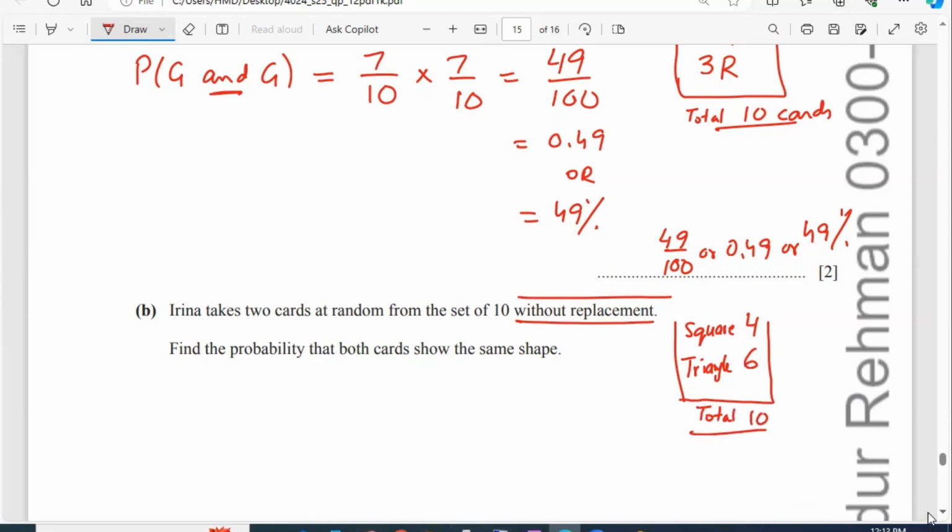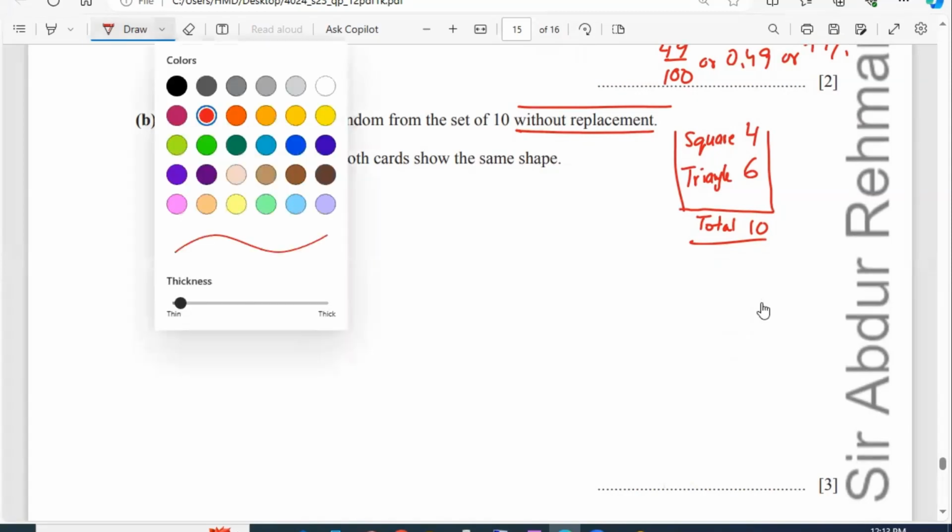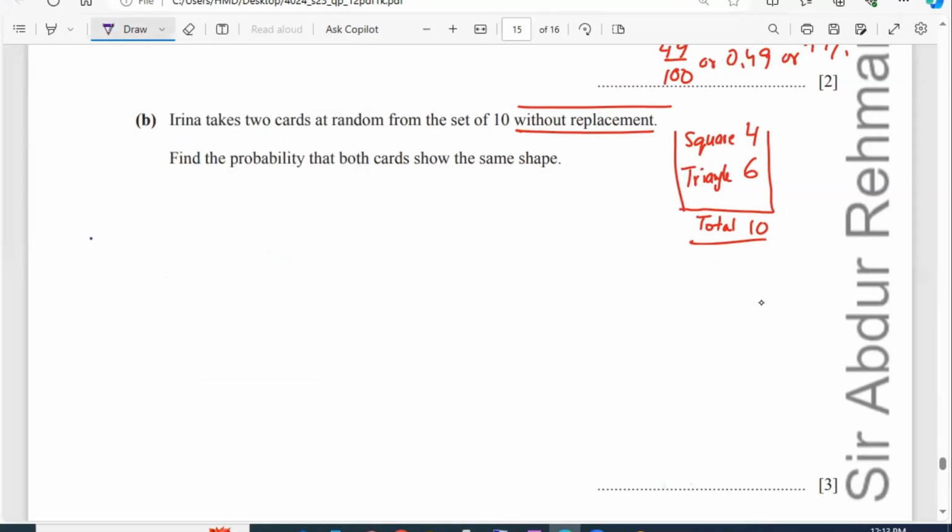So it is recommended that we construct a tree diagram. Even though a tree diagram is not required here, it will be easy to solve this question. So draw a tree diagram for this part. Suppose card 1, card 2, and they are about shapes.